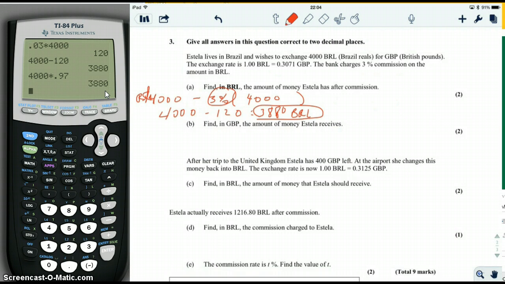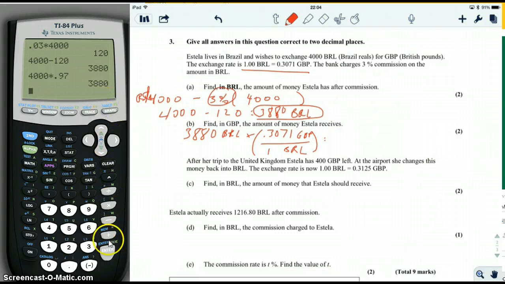Next step, find in GBP the amount of money Estella received. So now we're going to take the 3880 Brazilian reais, and now we're going to convert it using the conversion rate, the only one they've given us, which is that one. And we're going to put Brazilian real on the bottom or the top? We're going to put it on the bottom. And then on the top, we're going to put 0.3071 GBP.